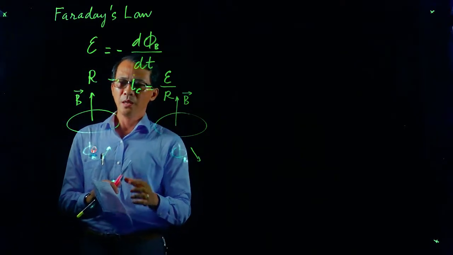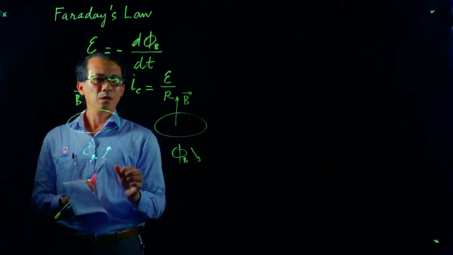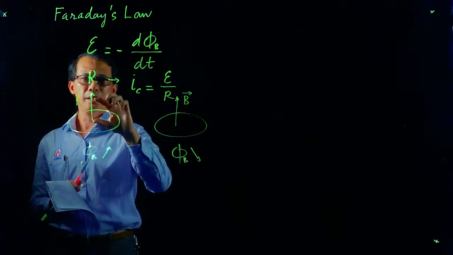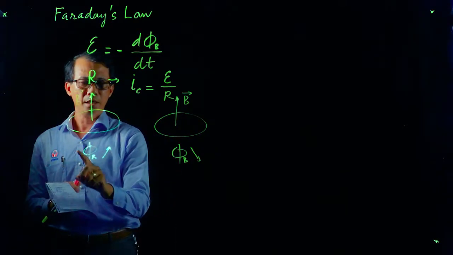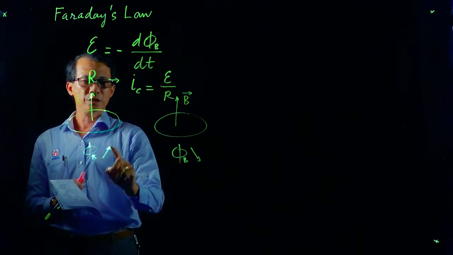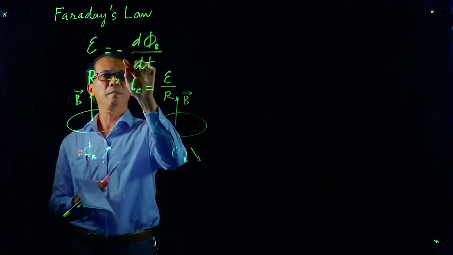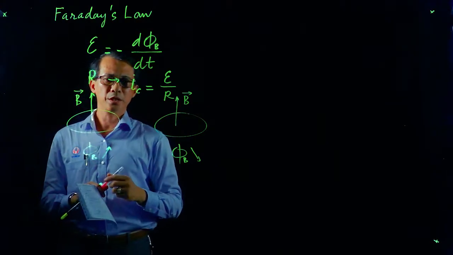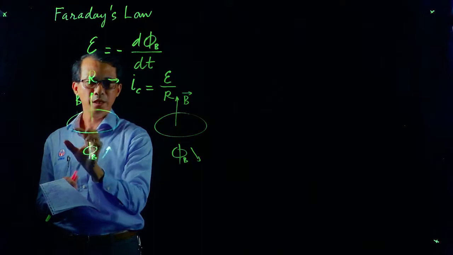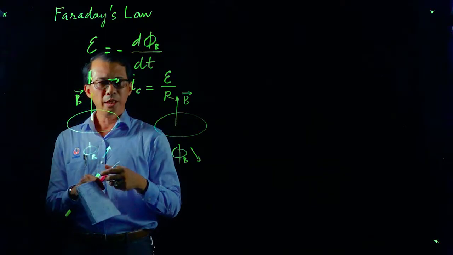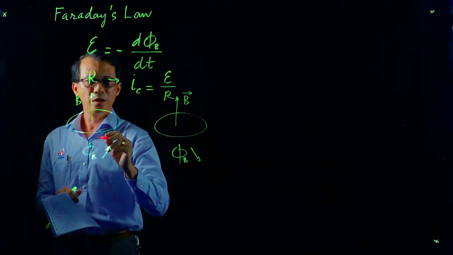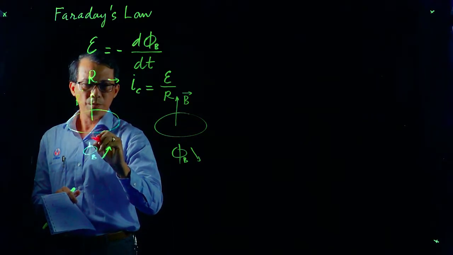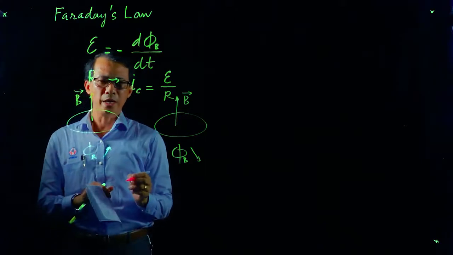For the first one, when B is bigger, then phi B is increasing. So with the minus sign, the induced current will be created in the loop so that it will create another magnetic field that opposes the original one.